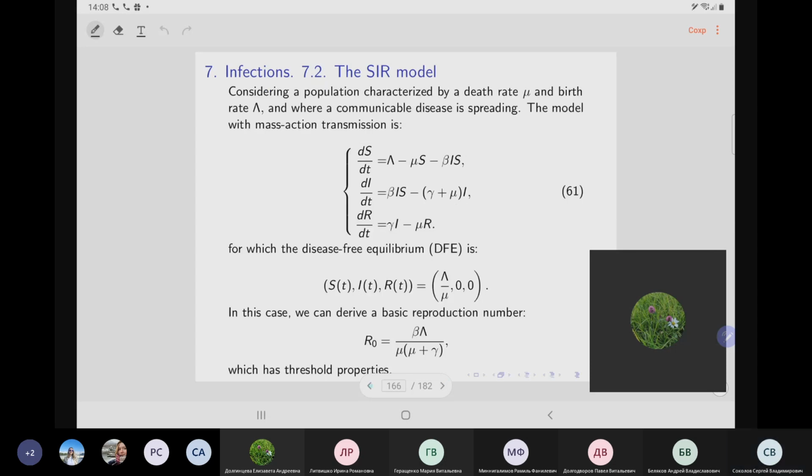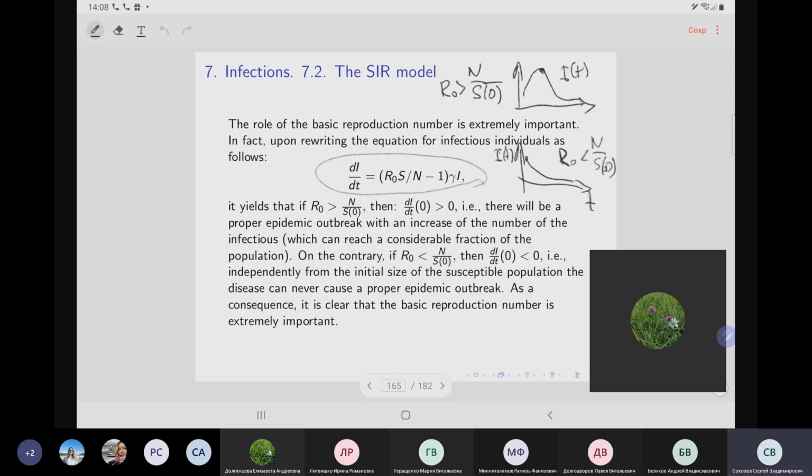What more? Well, a few more words about the simplest model. Since the condition of epidemic outbreak is R0 is greater than N divided by S of 0, what can we do to fight the epidemic? We have to decrease S of 0.